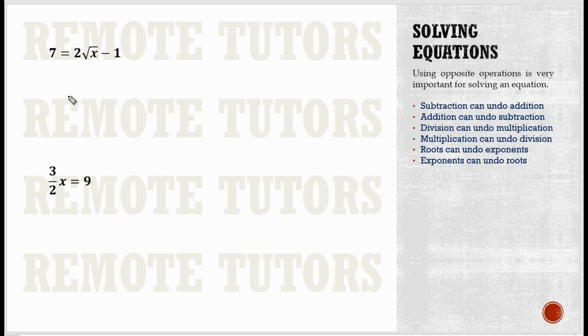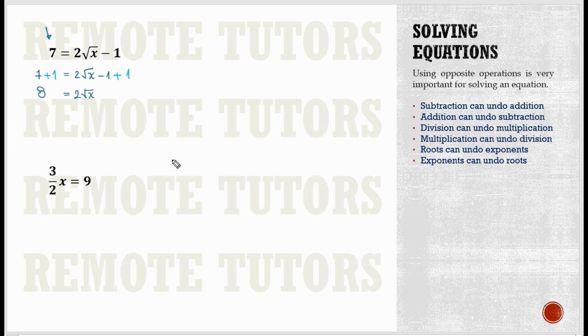In the following two examples, we have to solve for x. So here, what we're gonna do first is add 1 to both sides. Now we have 8 equals to 2 times the square root of x.